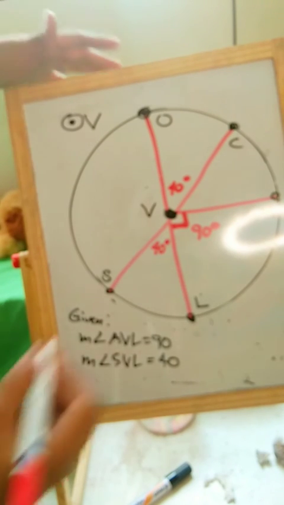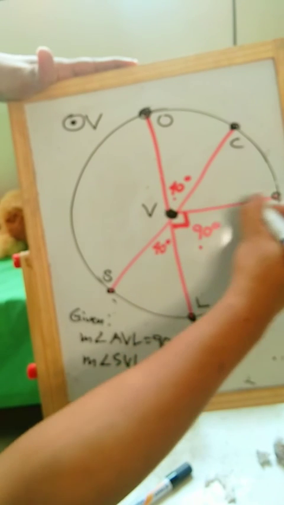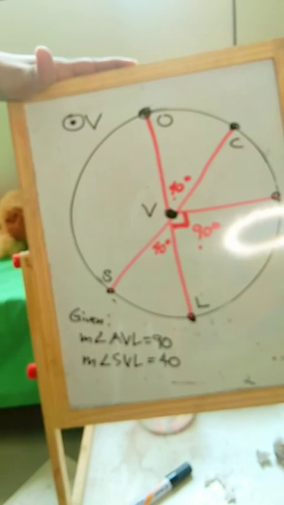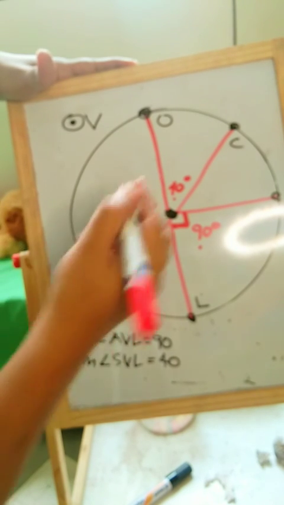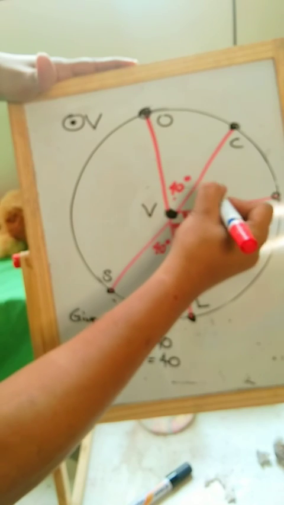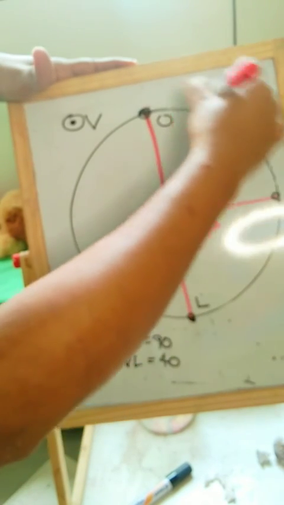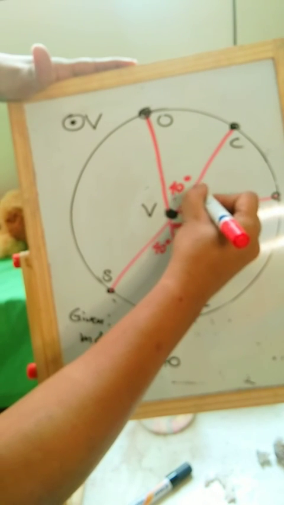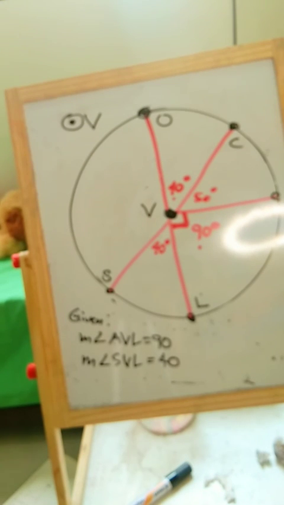So, this is 90, this is 40 already. Half of 180 degrees, or half of your semicircle, would measure 90 degrees. So, these two would also measure 90 degrees. In total, this particular arc here measures 90. We already have 40 degrees here, so this would be 50 degrees. So 90 minus 40 would be 50.